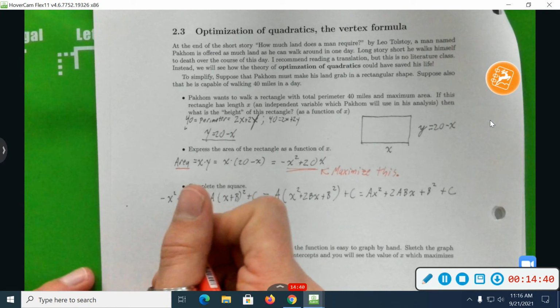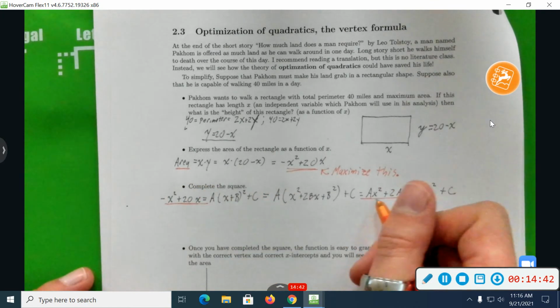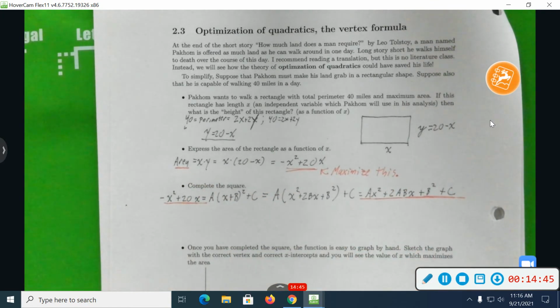And I want to choose a, b, and c so that these two things are equal. So I'm just going through completing the square in a purely algebraic context.